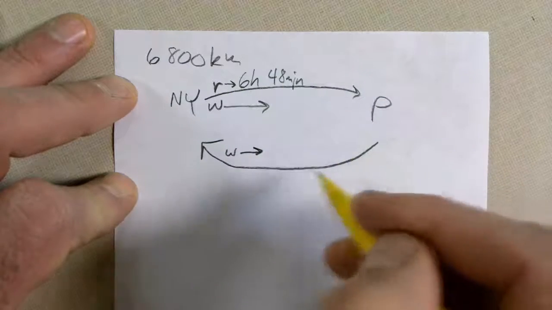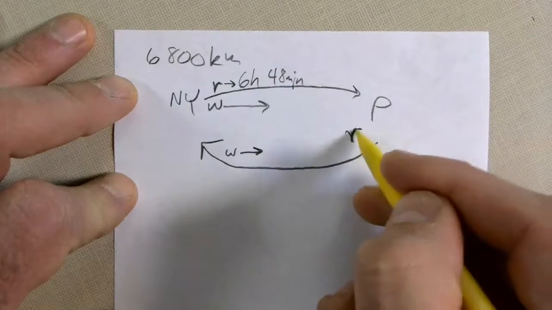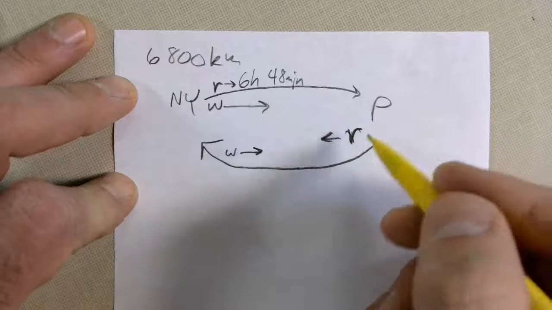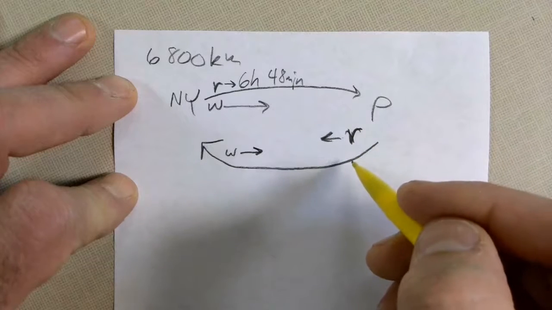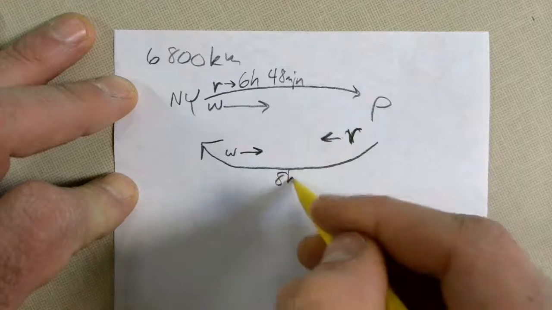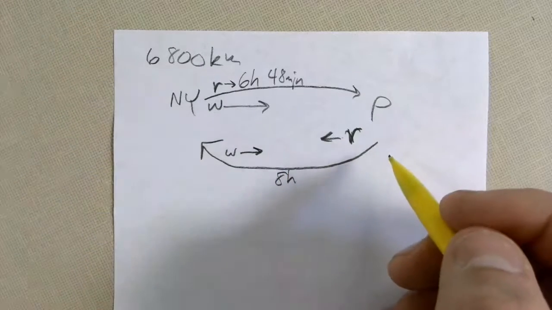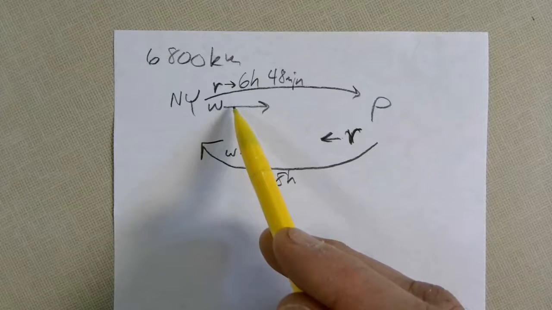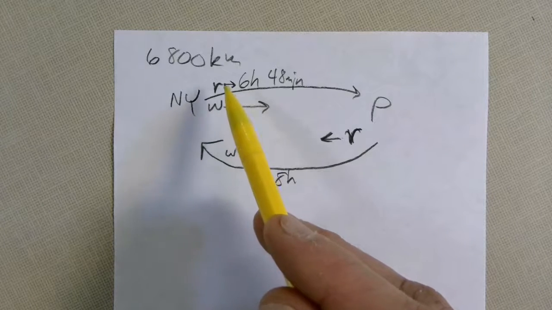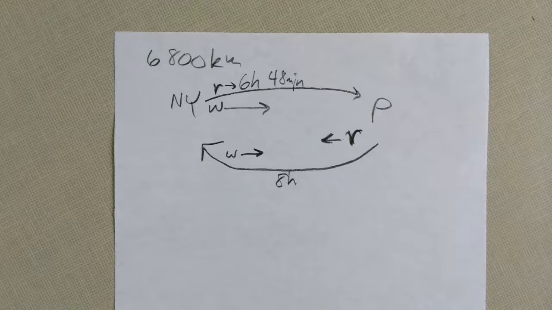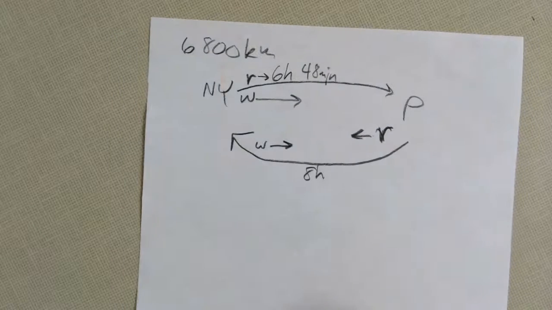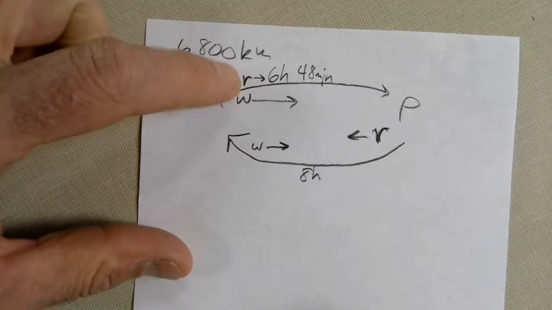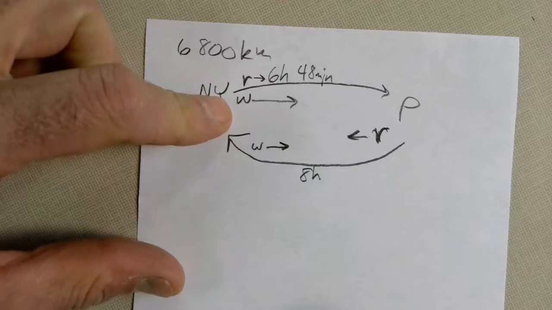And so this time we're going to have R going this way. And it takes 8 hours. So the question is, how fast is the wind going, and how fast does the jet go? Okay, here's where we're going to introduce the two different variables for the speed of the jet and the speed of the wind.